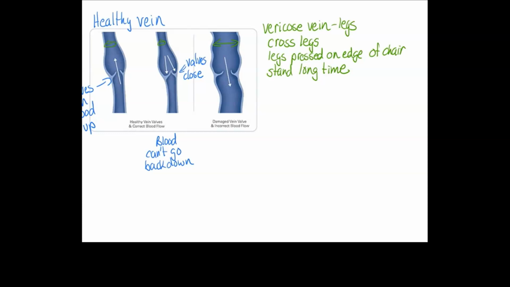Okay, any of these things are going to cause blood to build up in your veins. If you're crossing your legs or pressing your legs against the edge of a chair, you're physically collapsing that vein so that blood can't get through. If you're standing for a long time, then gravity is keeping blood down in the legs.